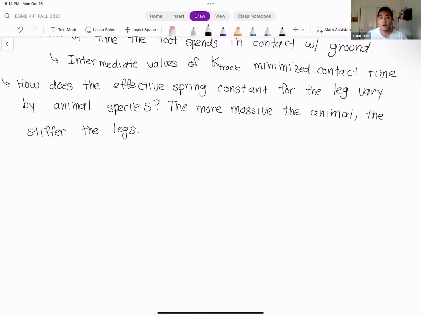And the stiffer the legs are, that's associated with a loss in flexibility or a loss in mobility. And this is consistent with what we intuitively know as well. If you think of a very massive animal, like an elephant or a giraffe, we don't think of those animals as being particularly mobile or flexible, just because their bodies are so massive.